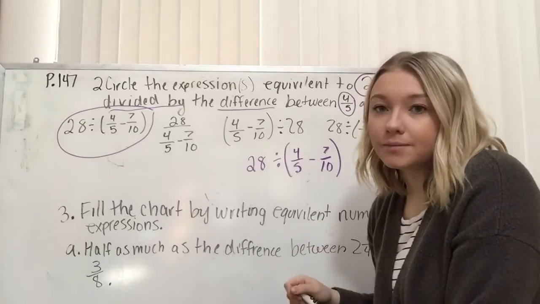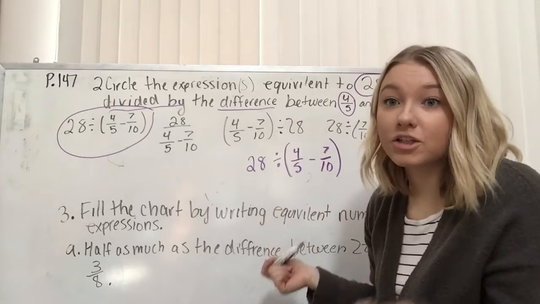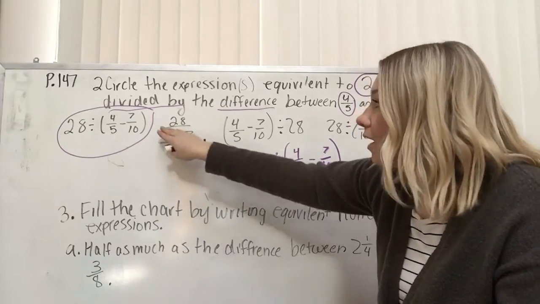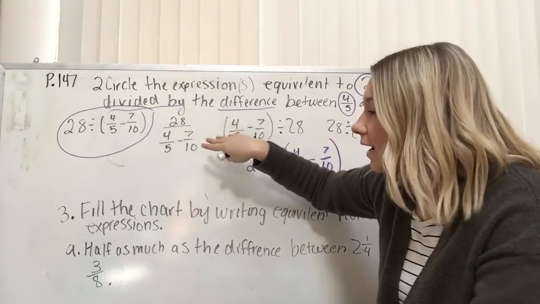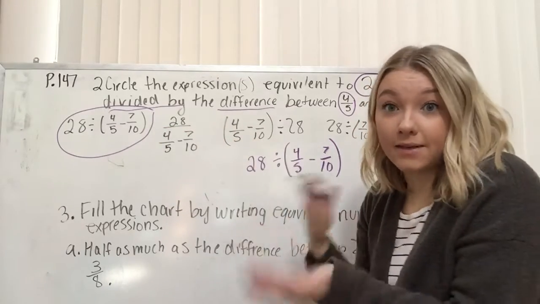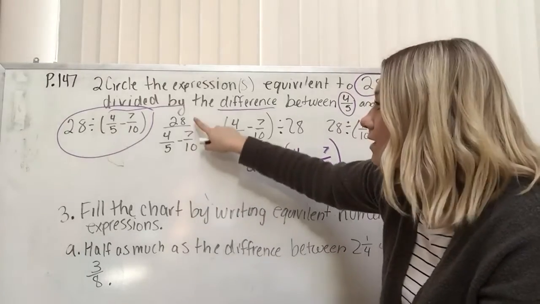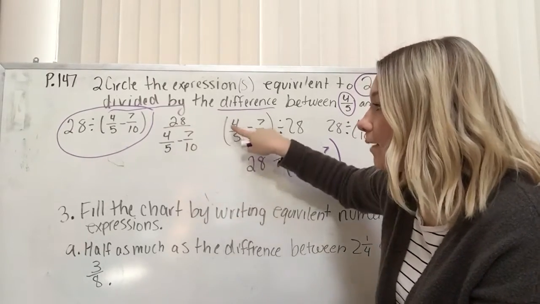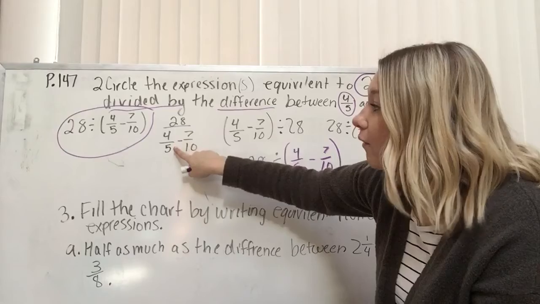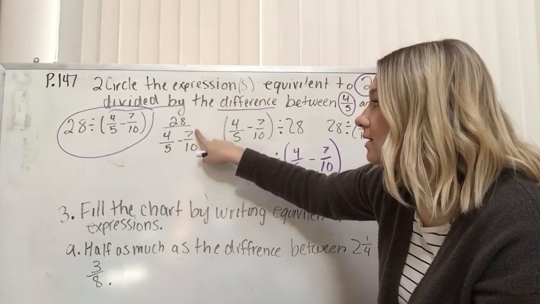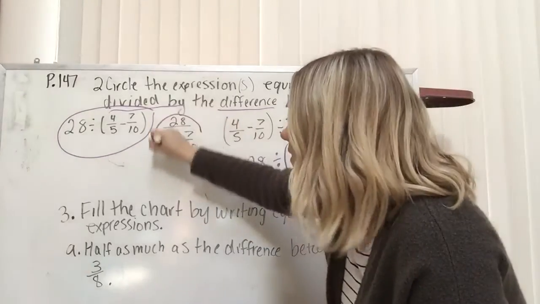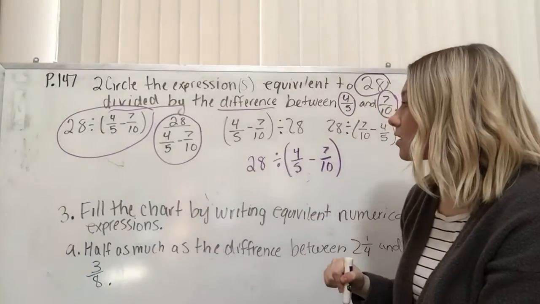So can that be it? Yeah, it actually can. So we know that when it has this fraction, it really means dividing into pieces, right? So this is 28 divided by the difference between 4/5 minus 7/10. So this is also equivalent to that expression.